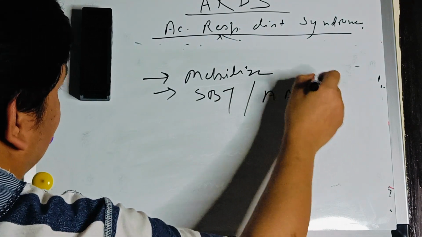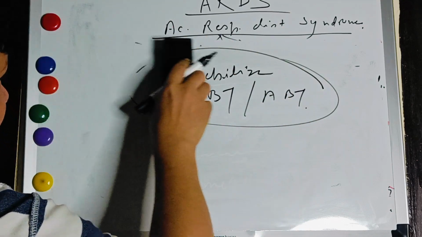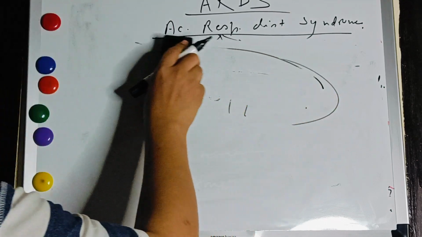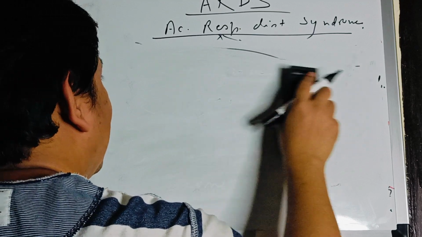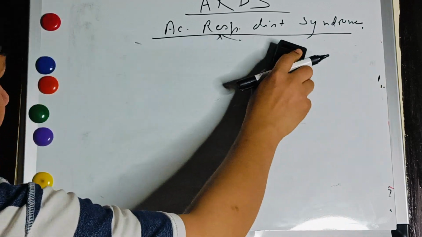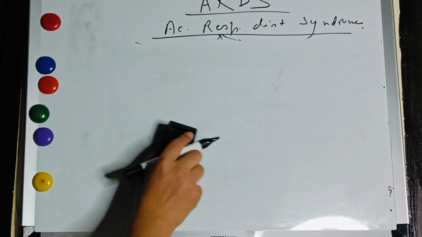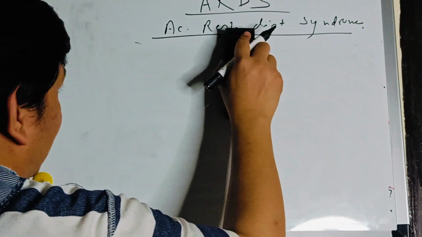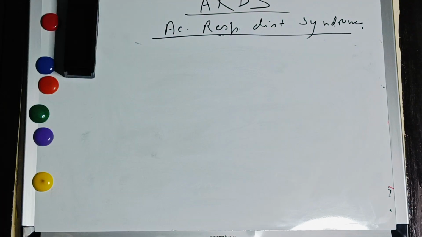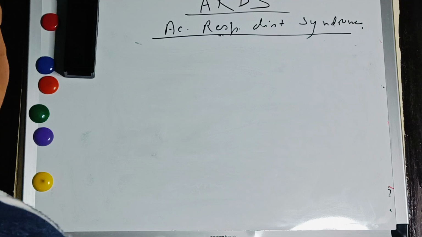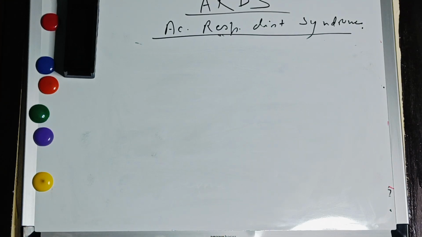So, awakening, mobilization of patients as soon as possible, extubation, sedation-free intervals, and muscle relaxant-free intervals. These are the basic important things that have to be done in ICU patients so that the recovery will be faster.